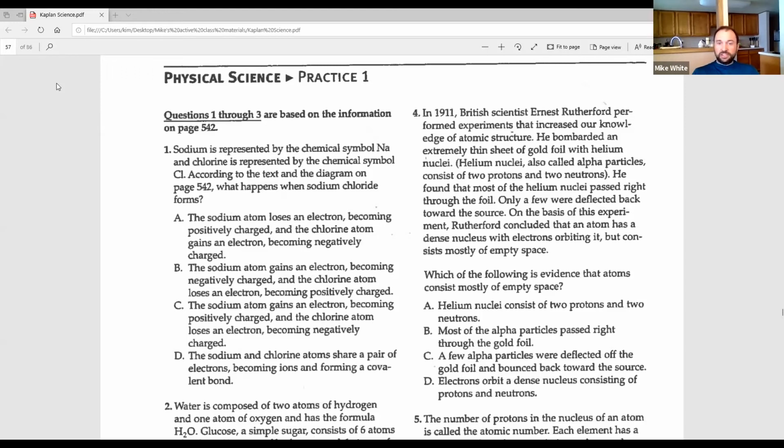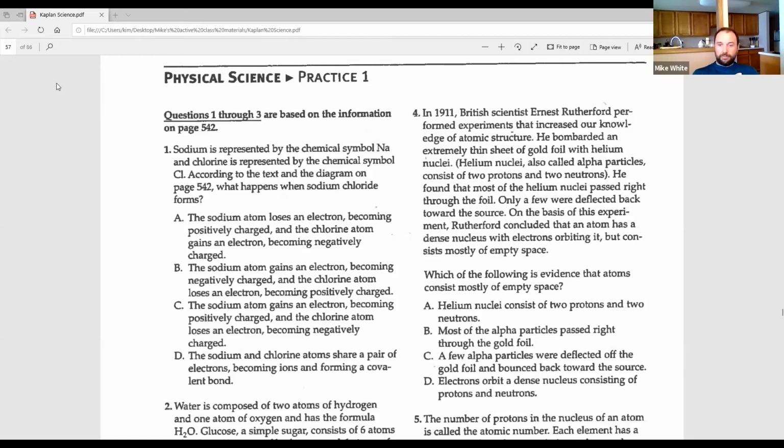So this is essentially how we came to figure out what an atom might look like. Remember that diagram, the dense nucleus and the electrons orbiting around the outside. So which of the following is evidence that atoms consist mostly of empty space? A, helium nuclei consist of 2 protons and 2 neutrons.